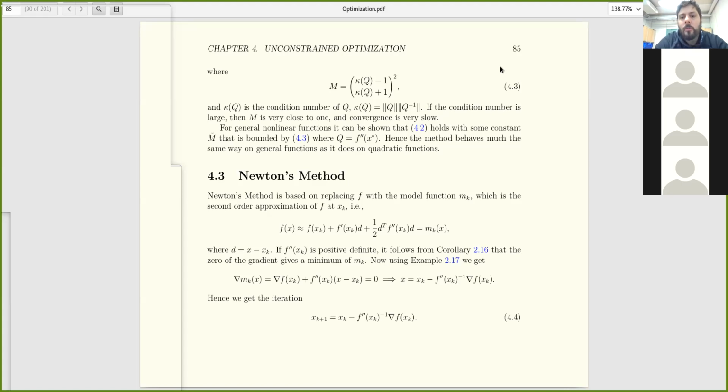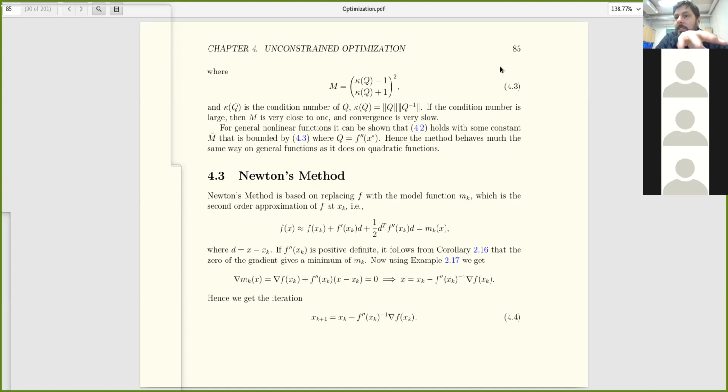So we're going to be looking for a situation where this second order approximation has a critical point. And this is easier because now it's a quadratic form. Remember that f at xk is a constant, f prime at xk is a constant vector, f double prime at xk is a constant matrix. So this is basically a quadratic function. We're doing a quadratic or second order approximation of the function.